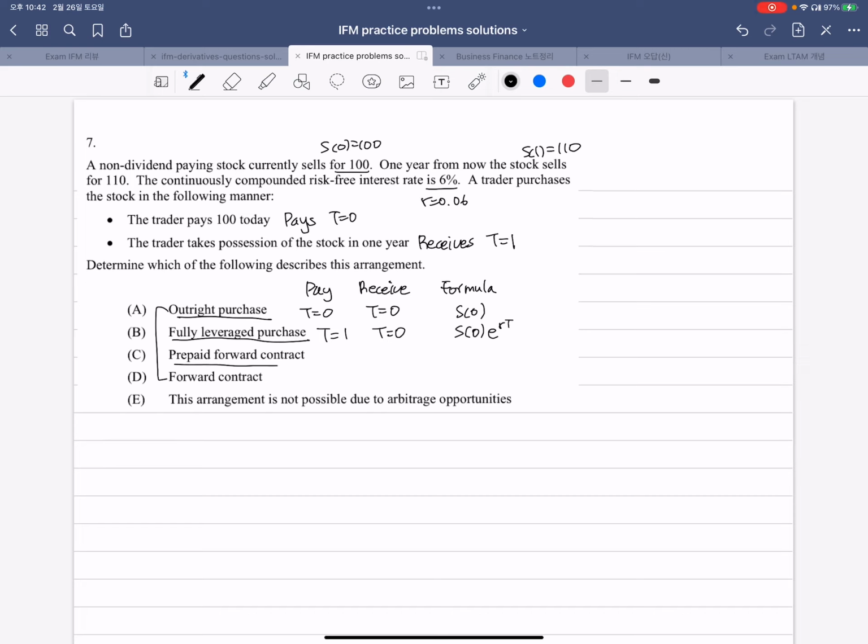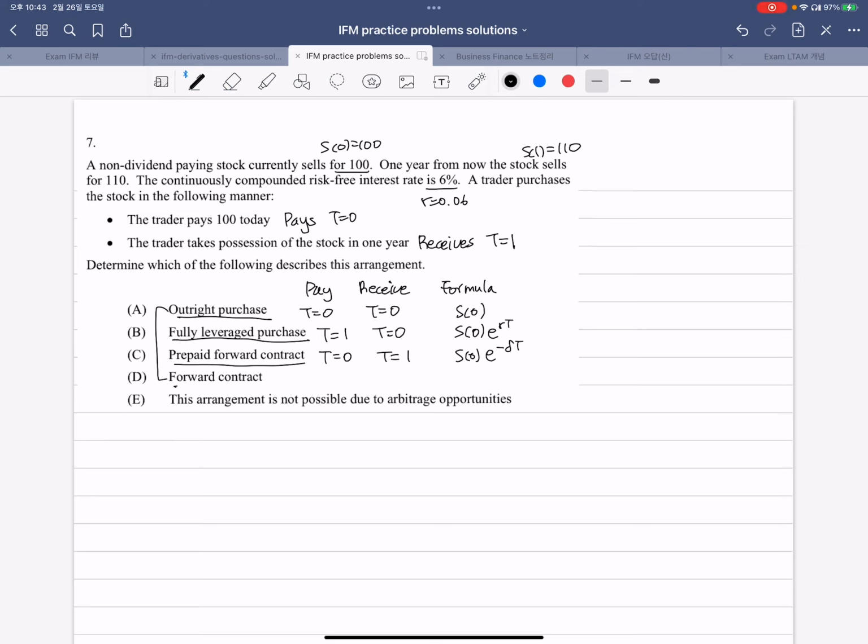And prepaid forward contract is paying at time 0 and receiving at time 1. So this formula would be S of 0 times e to the negative delta t, because we're receiving at time 1 and we're not getting the dividends, so we have to subtract the dividend rate.